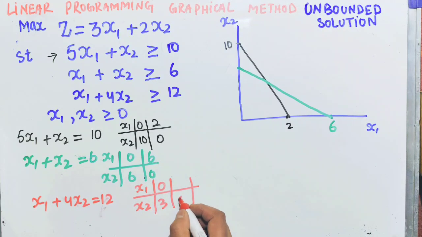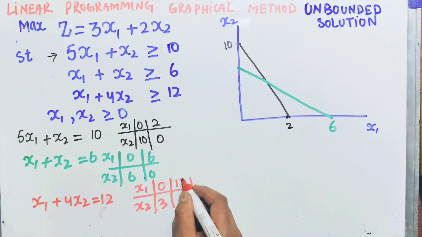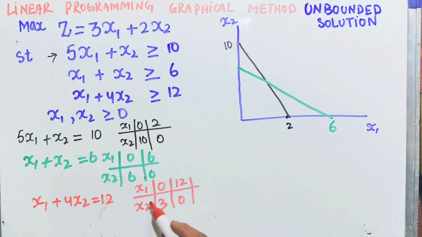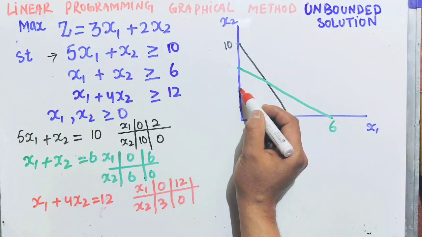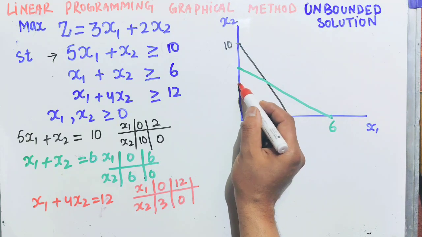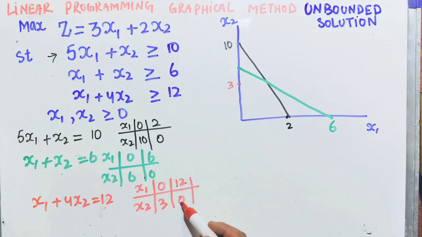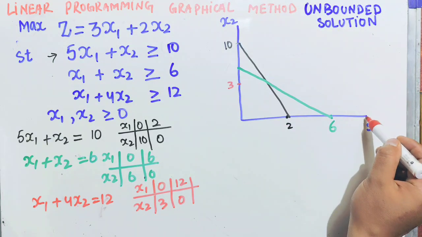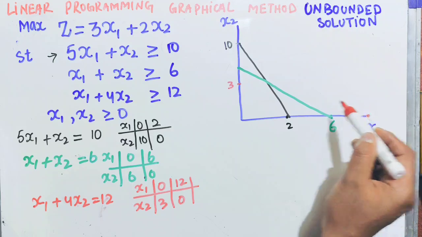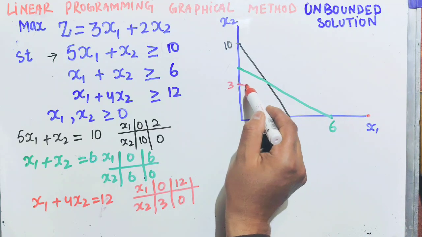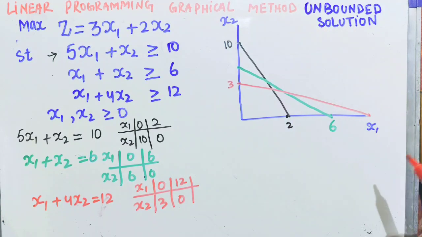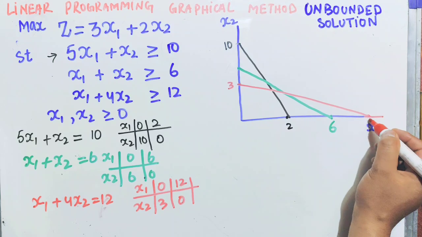And when x2 is equal to 0, x1 is equal to 12. Let us say this point denotes 3, and when x2 is equal to 0, x1 is 12. So let us say this point denotes 12. Can I join these? Let us find out. Okay, so this is 12.